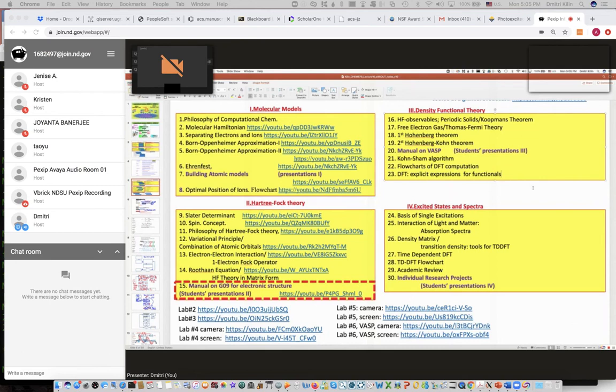Basically, in the next 4 meetings, we will cover 4 basic subjects that later will be presented in these presentations. Number 1, how to convert the geometry into a specific format for VASP, so preparing the input file.